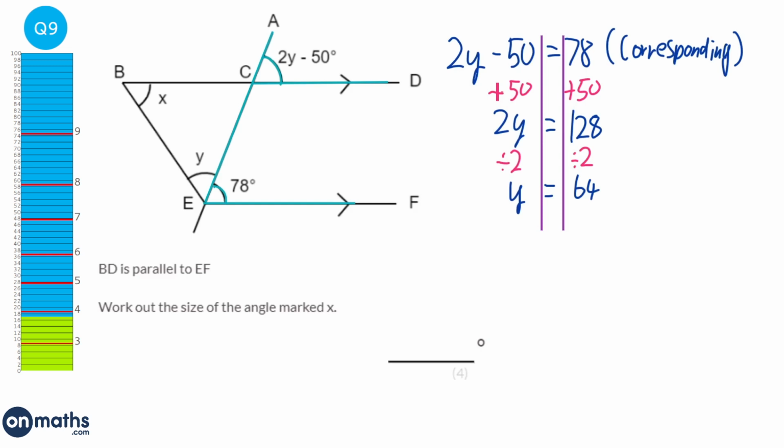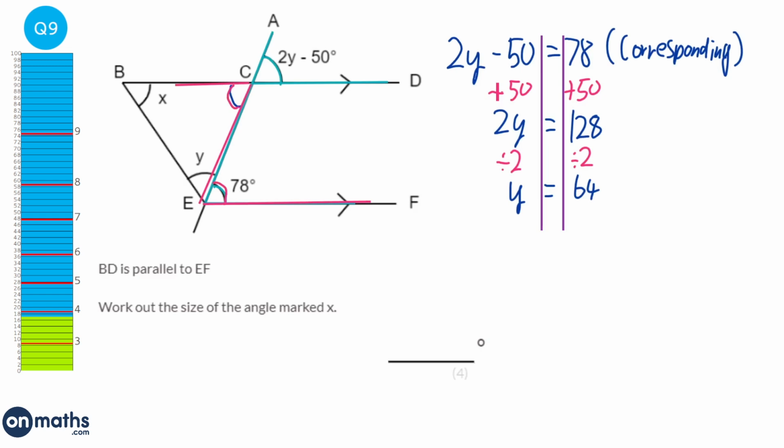Well, there's a few different things we can do. We could work out the fact that these two here are vertically opposite. That would be absolutely fine. But actually, if we look at this part here and this part here, these are also 2 parallel lines, and we've got this angle here and this angle are going to be alternate.